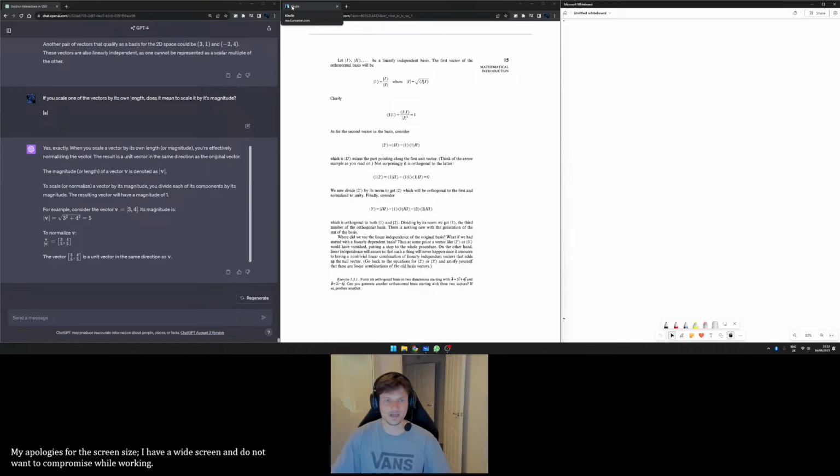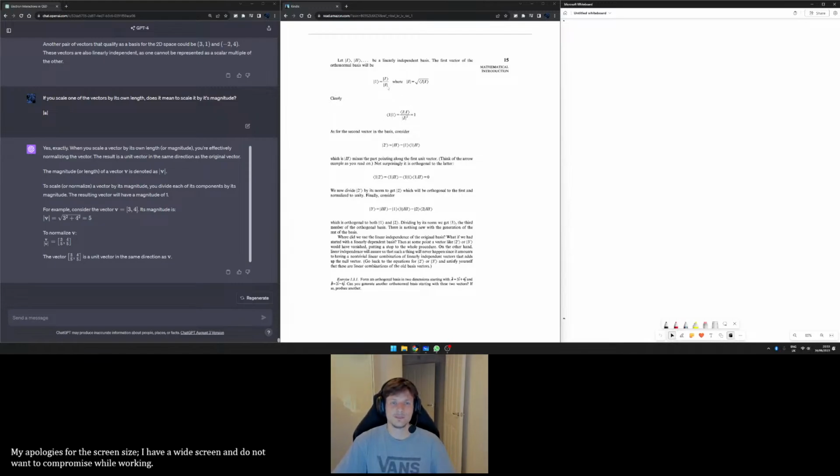Let's go back through this a little bit. So it says that the first vector of the basis is equal to the entire vector, not the component or the basis, divided by the length of that, where this is the square root of the inner product of them. And then it says, let's just take the following.